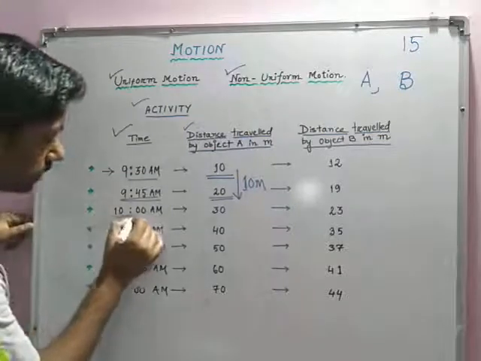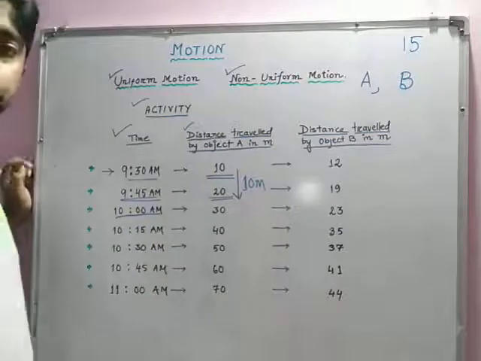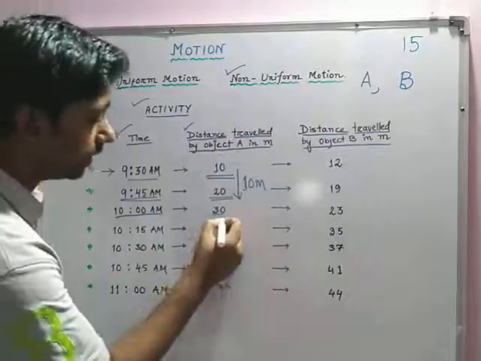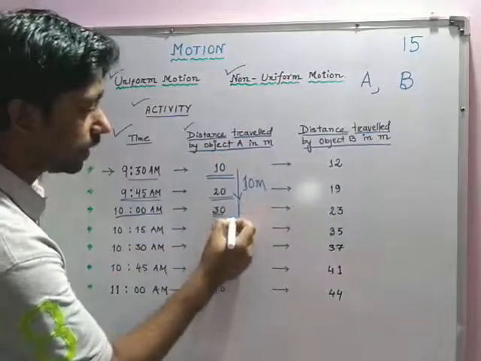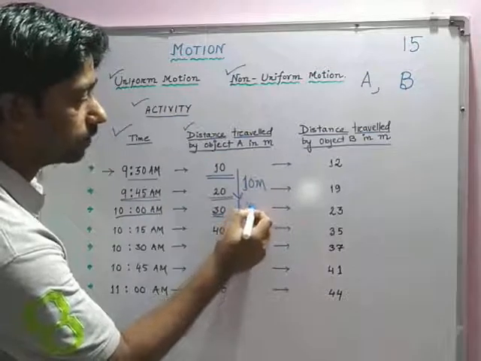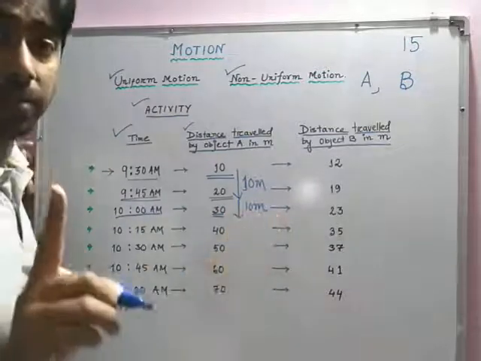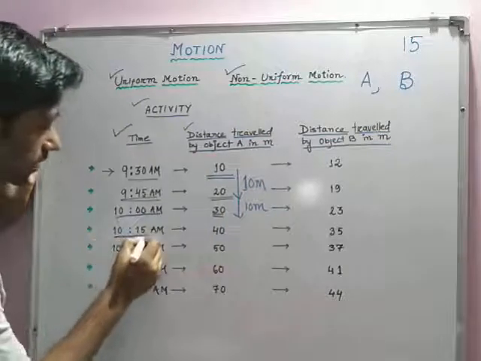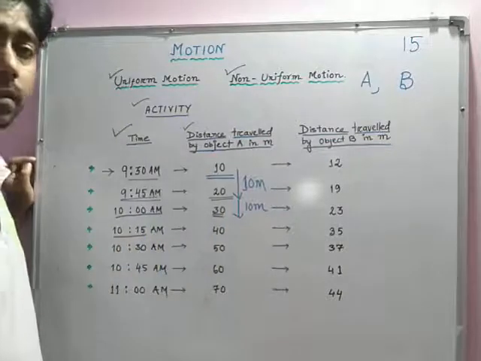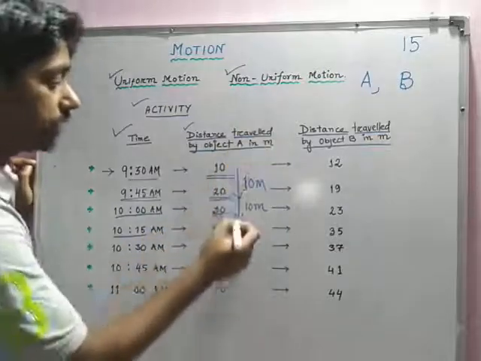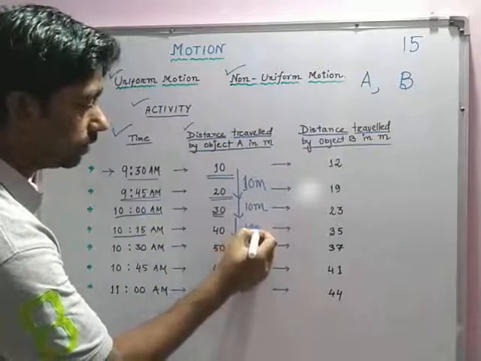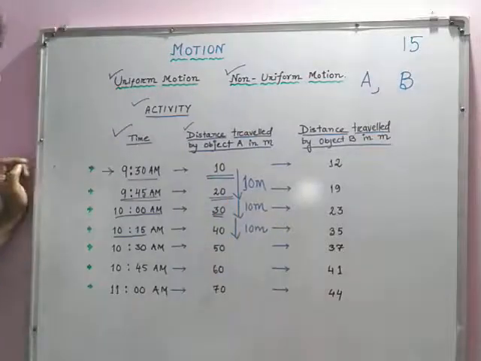Now when the time is 10 AM, the distance covered by object A is 30 meters. So this time it has covered a distance of again the same 10 meters. When the time is 10:15 AM, the distance covered by object A is again 10 meters.